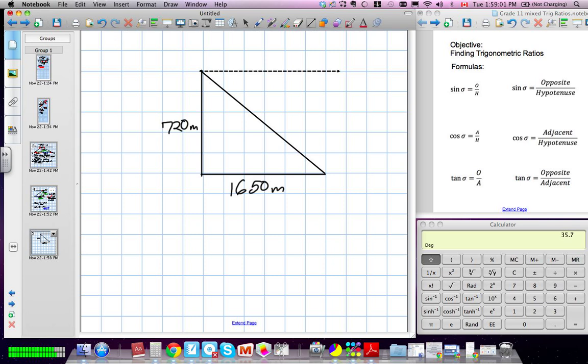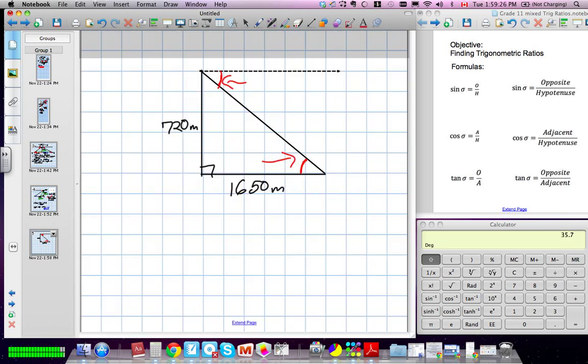The helicopter was 720 meters, and we were trying to find our angle of depression, which was right here. In this example, since we know our rule, this will be the exact same as our other angle up here, I'm just going to solve for this one, so I don't have to subtract by 90 at the end.